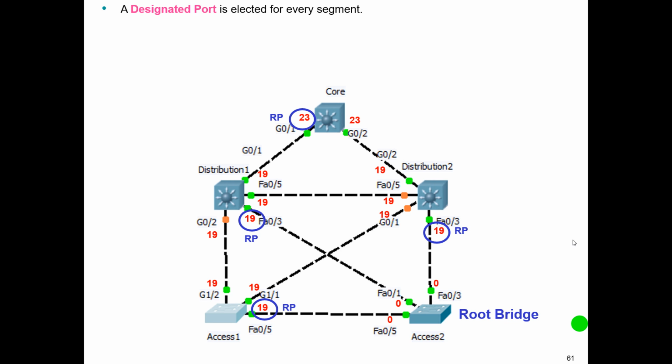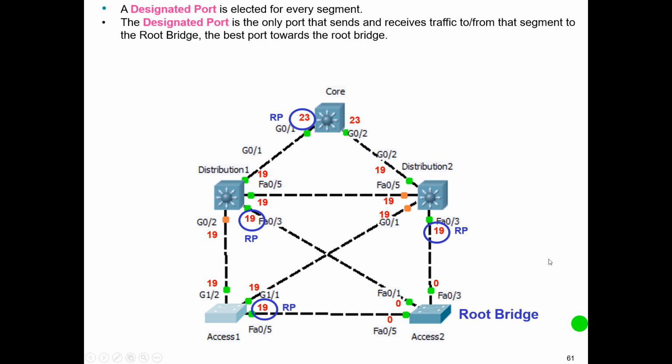So a designated port is very similar to a root port in the fact that it's going to be a port on the switch, obviously. But the major difference is it is not going to be a forward-facing port to the root bridge. It is actually going to be the other side of it. For example, here is our root port. Here will be a designated port. So the root ports will plug into designated ports.